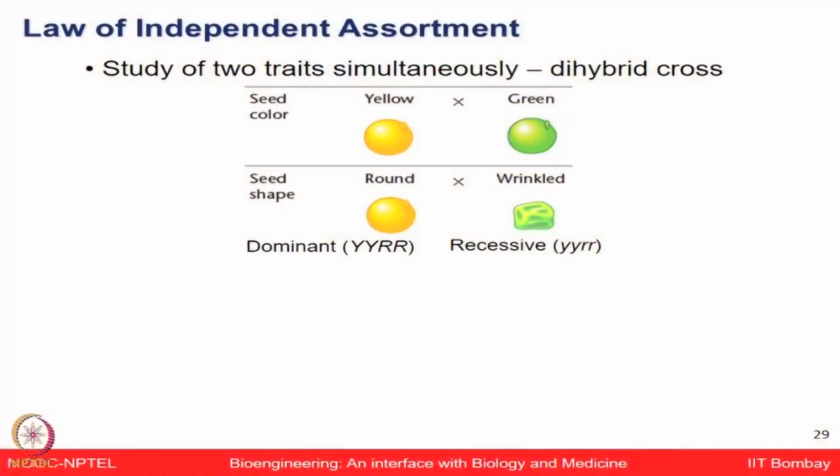And that is known as dihybrid. When we are talking about studying two traits simultaneously, that is known as the dihybrids. Or you are talking about a seed which is green in color, but either it is round or it can be wrinkled. So you are looking at two different properties here. And to denote them, you can say it is capital Y, capital R, or small y, small r.